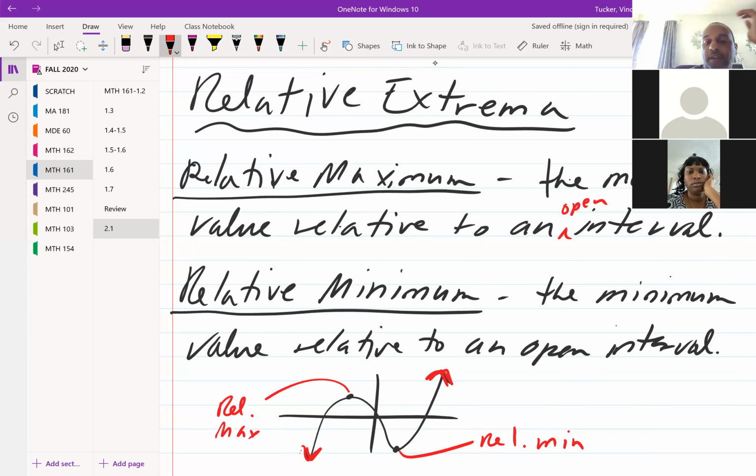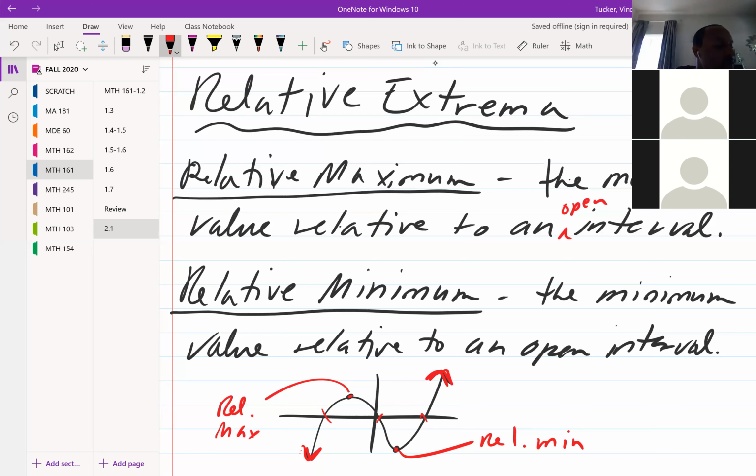So what you can do is have your interval, and this hill right here could be considered your relative max. That's the largest value, let's say from this value to this value, that interval. And then here, that could be your relative minimum, or the lowest value within that interval. So they would be dependent upon what your interval is, and the smallest value or the largest value between two sets of numbers.